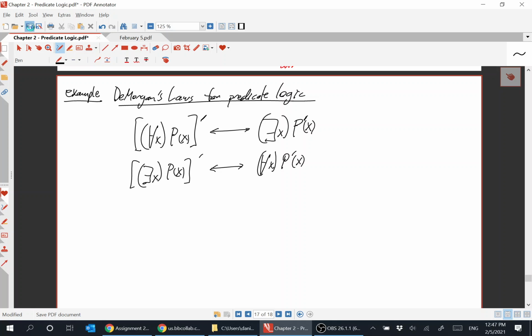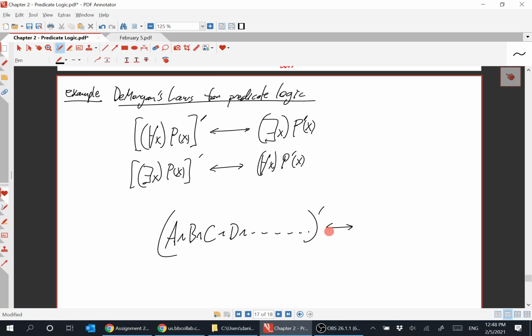Okay, why are they considered to be De Morgan's laws? Well, because universal quantification over a domain is essentially taking a big conjunction over everything in the domain using P. Existential is a disjunction over everything in the domain. Right, so like A and B and C and D and so on.